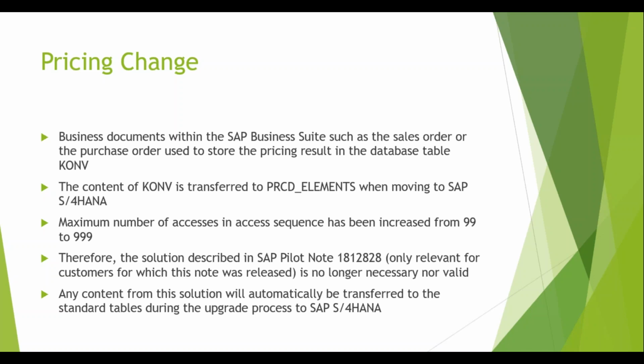I'm not saying it was taking hours or minutes. Even if it was taking 1 second, there was a possibility that it can be made 10 times faster. That is the reason, instead of converting KONV from cluster to transparent, SAP has not touched KONV.